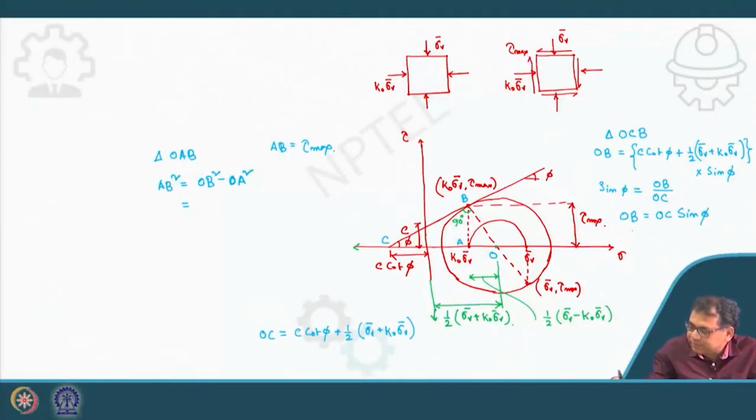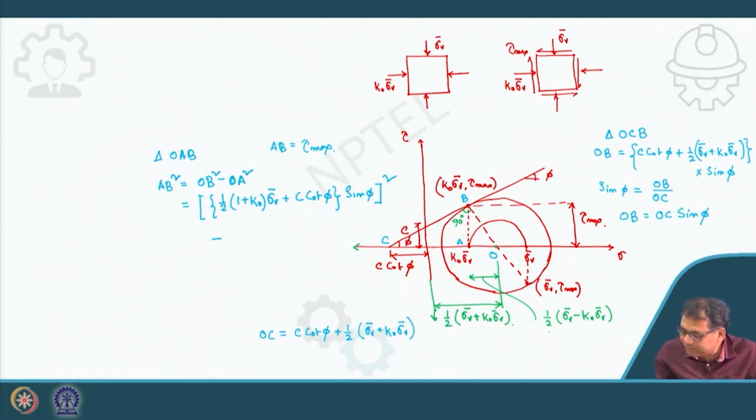OB is this term. If I take sigma v bar outside, OB is half of 1 plus k0 sigma v bar plus C cot phi, into sin phi, that whole square, minus OA square.